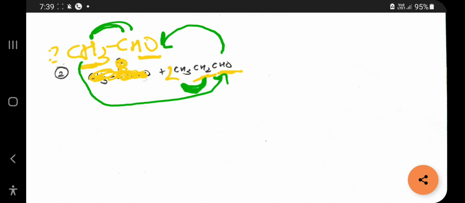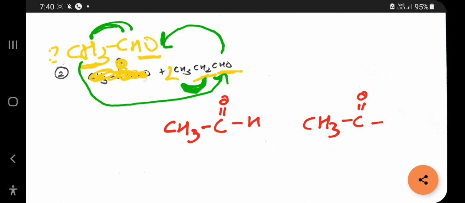The first thing we will make is with CH3CHO. Okay, CH3 C double bond OH and CH3 C double bond OH, self condensation product.